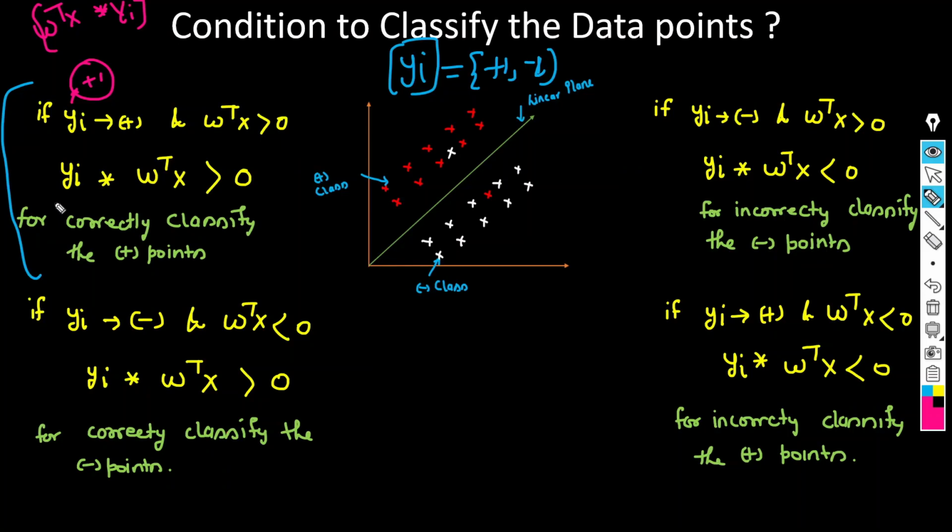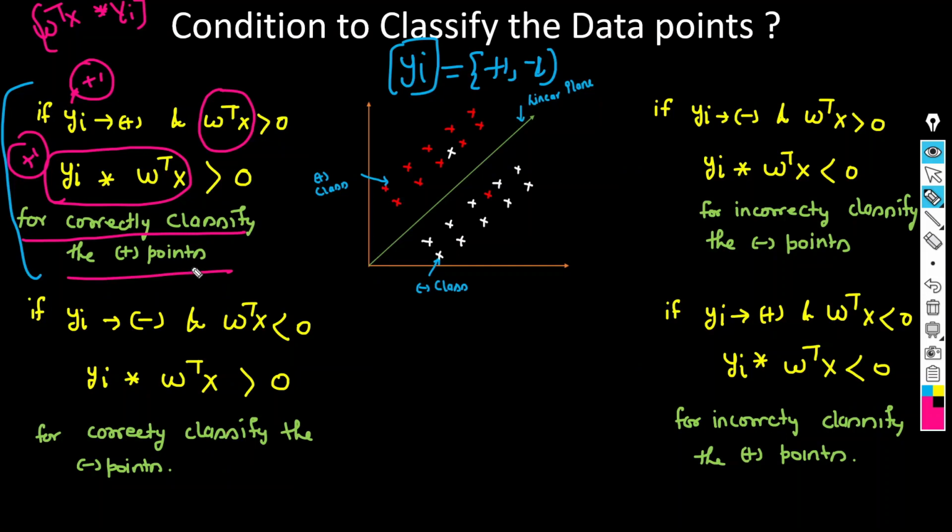We already know that for a positive point w transpose xi is greater than 0, so positive times positive is greater than 0. It means that for correctly classified positive points, using this formula, if it is greater than 0, then we can say this point is a positive point.